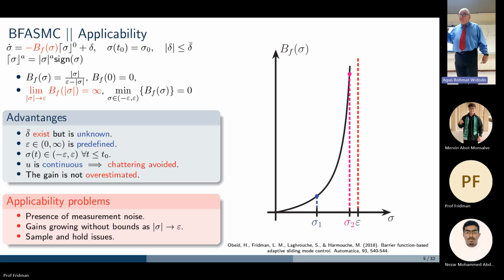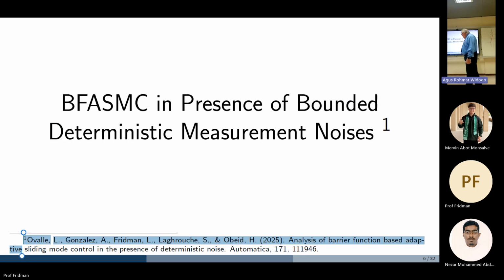Therefore, for each bounded perturbation, there is a smaller set that you will ensure to be a positively invariant set, and you will use finite control. So: bounded perturbations, bounded control, and a smaller set. That was the only story, and that was the first paper. It was the basis of his PhD.